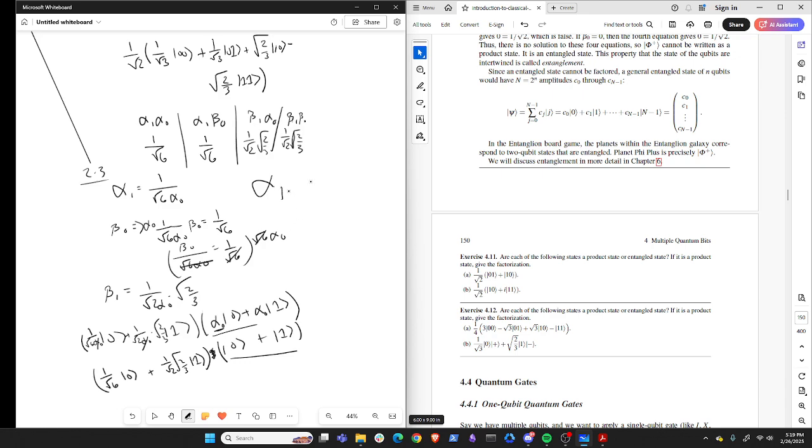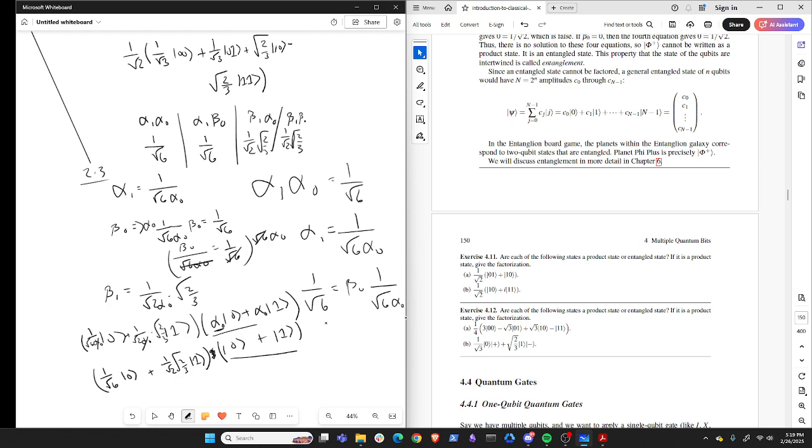So if alpha 1 and alpha sub 0 are equal to 1 over square root of 6, then that means alpha 1 in terms of alpha sub 0 is square root of 6 over square root of 6 alpha 0. When we plug that into beta 0, 1 over square root of 6 has to equal beta 0 times 1 over square root of 6 alpha 0, which means we can pull this out here.